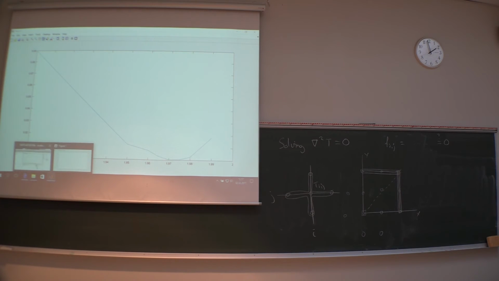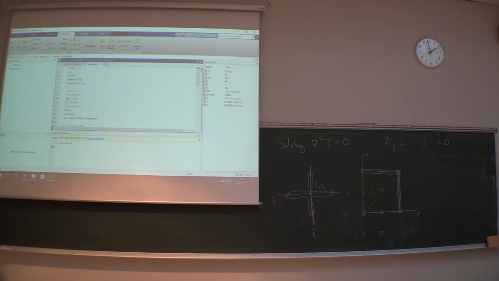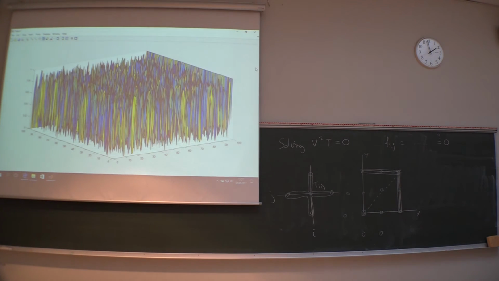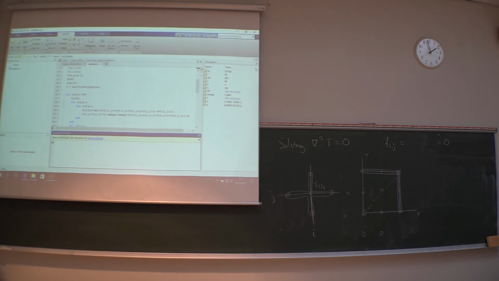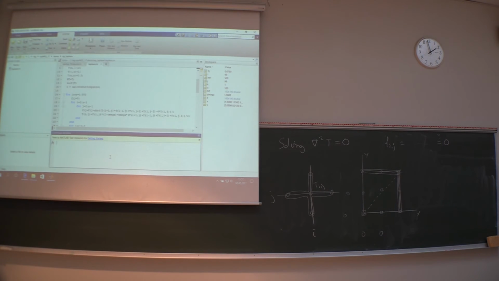But let's go back to the case where I started with the random generator. And now omega 1.98, the optimum omega. Initial field. That wasn't my intention. One more.